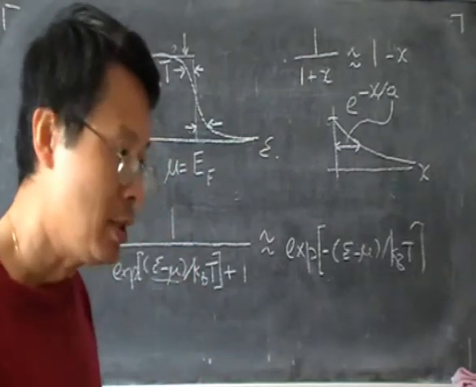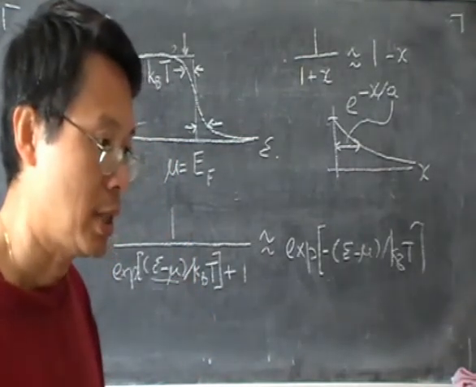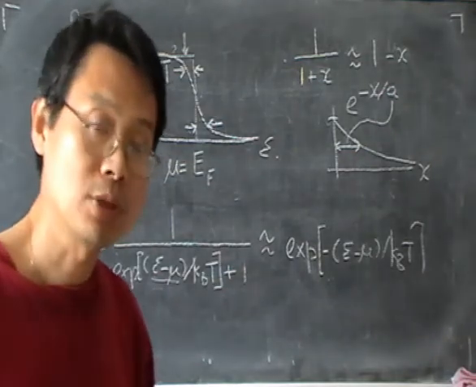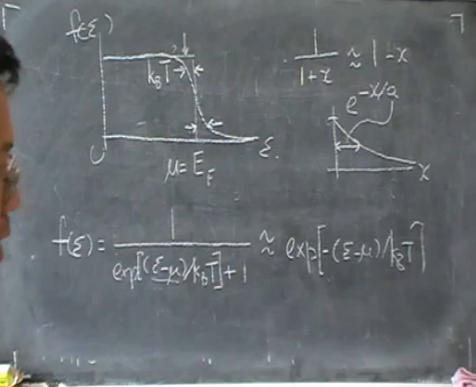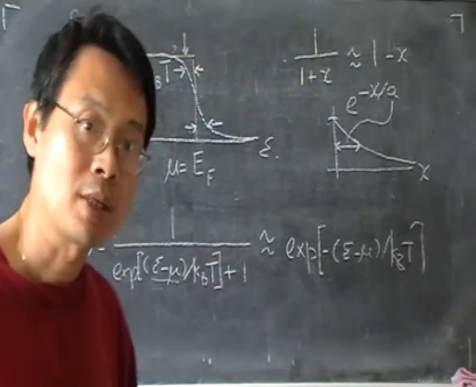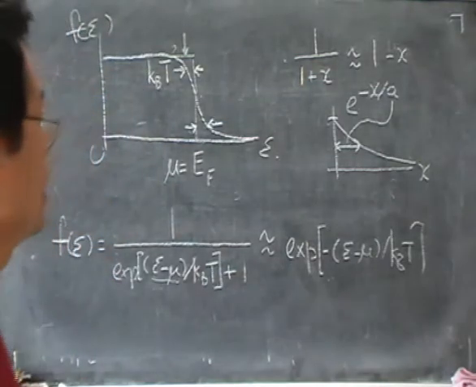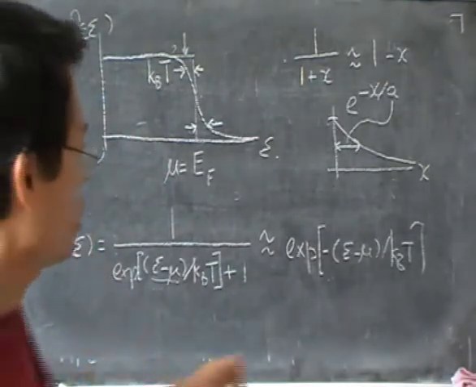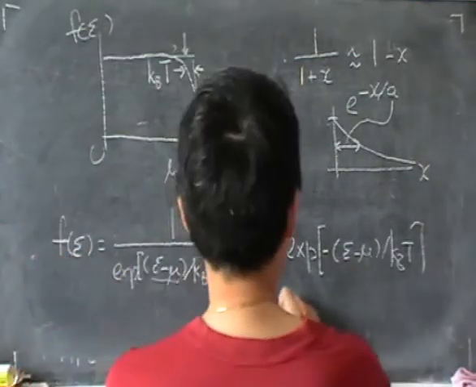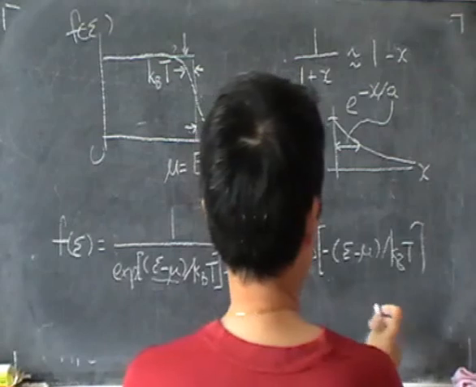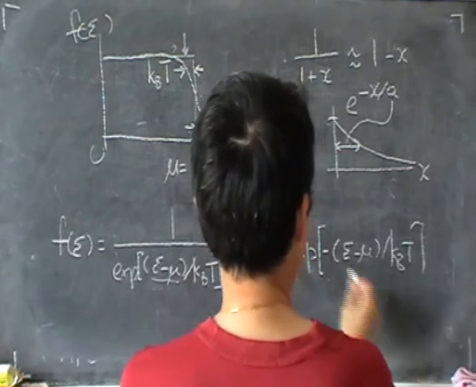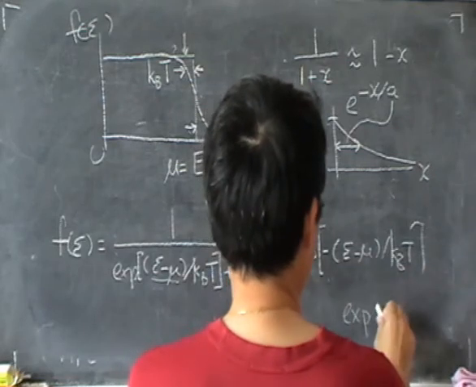Now we have seen distributions that are given by exponential functions before. That was the Boltzmann distribution. And the last time we have seen this Boltzmann distribution was when we looked at the ideal gas. So the ideal gas has a Boltzmann distribution. Now to make it more obvious, let me rewrite it in this form. I can separate this into two exponents.